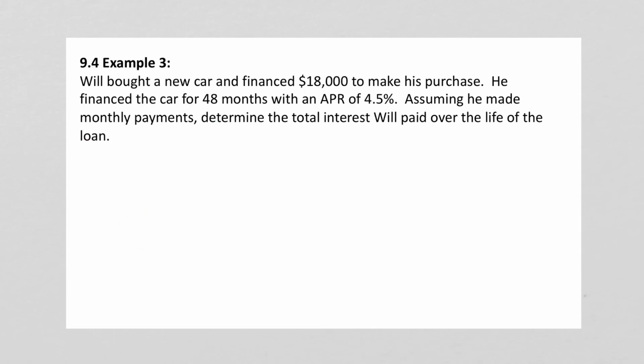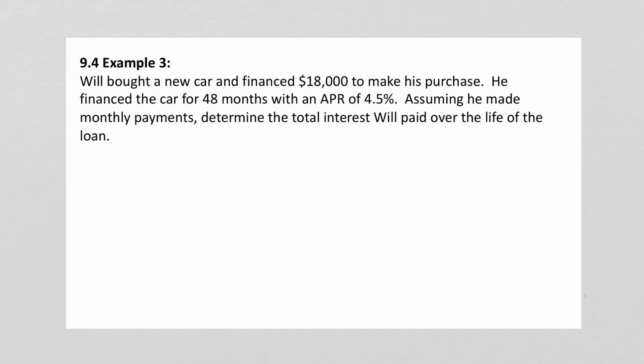Example 3 says, Will bought a new car and financed $18,000 to make his purchase. He financed the car for 48 months with an APR of 4.5%. Assuming he made monthly payments, determine the total interest Will paid over the life of the loan. So yes, we're going to figure out the interest that he paid. And to do that, we're going to have to figure out how much he paid total.